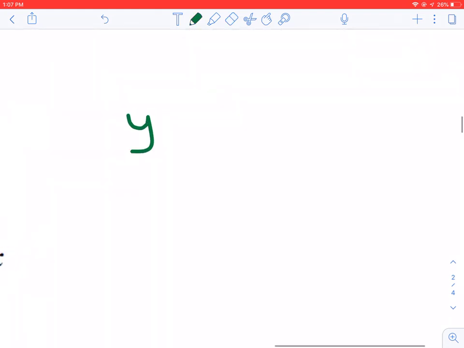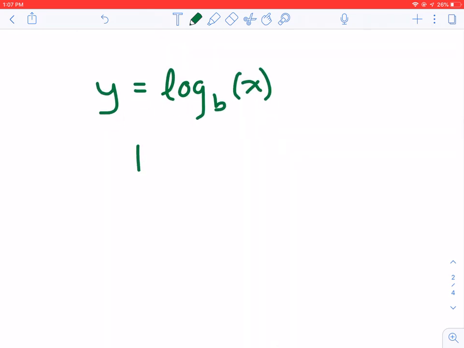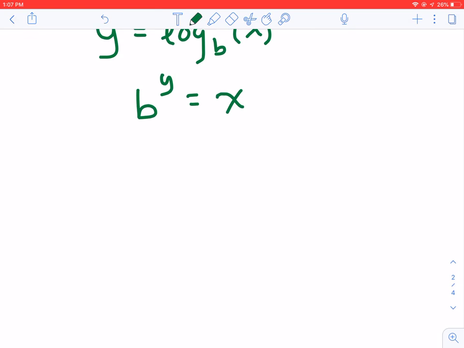And that's going to be true for any log function. Let's just do it in general. y equals log base b of x. Right? We have b to the y equals x. And when y is 0, x equals 1. And that's true for any base.